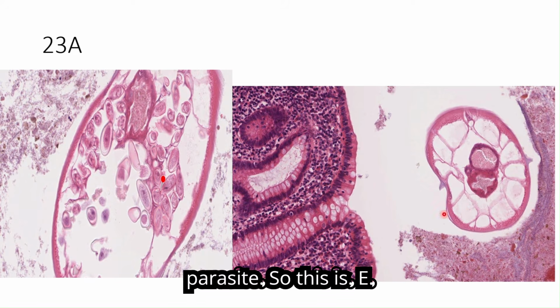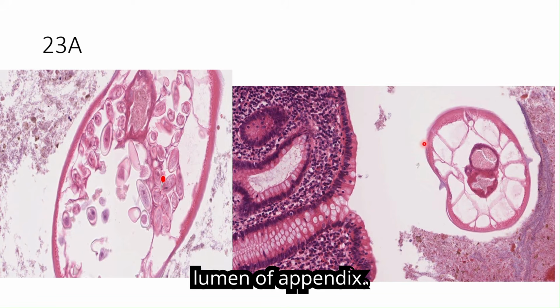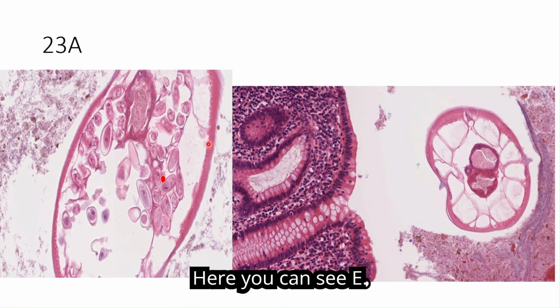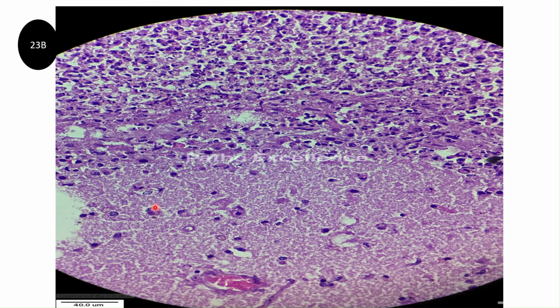So this is E. vermicularis parasite in the lumen of the appendix. Here you can see E. vermicularis with eggs of E. vermicularis in the slide.